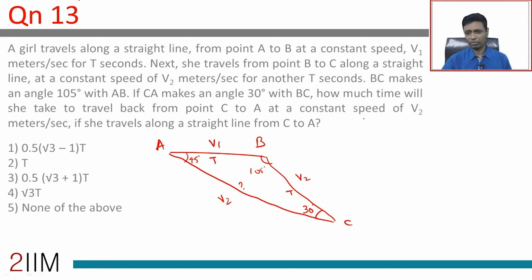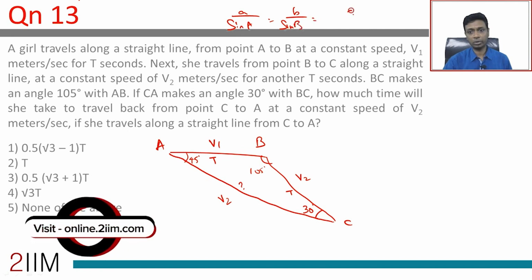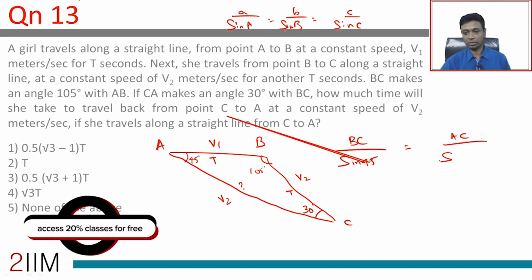And so we know the famous rule, which is a by sine A equals b by sine B equals c by sine C. So if we take BC, the distance BC by sine 45, which is sine A, equals AC by sine 105.